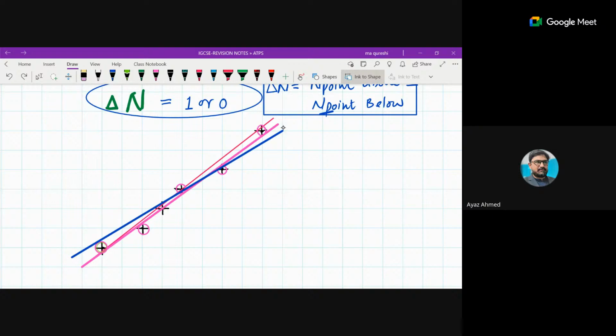Okay, if I have this line, then what is your idea of this line? How many points above and how many points below? Too many points below. 3 points below, only 1 point above. So this is correct, this is correct, this is correct. So I'm just going to keep that one which is line of best fit. So the rest I will just erase them all.